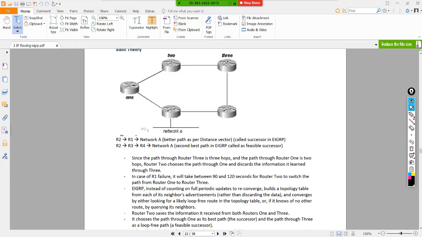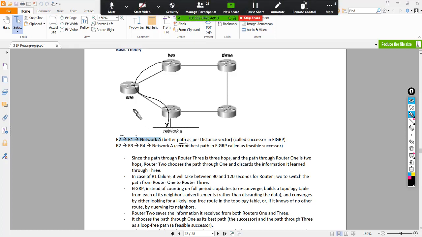So as I have mentioned here, if R2 has to reach network A, via R2, R1, network A, that is a better path by hops.